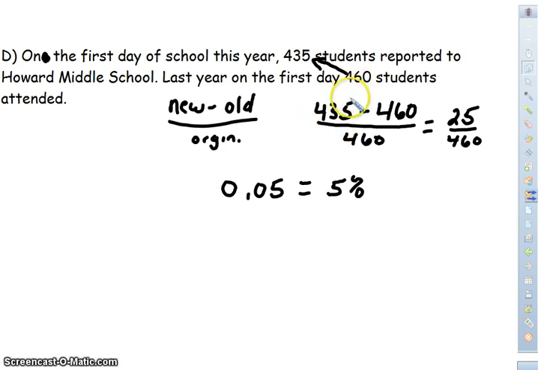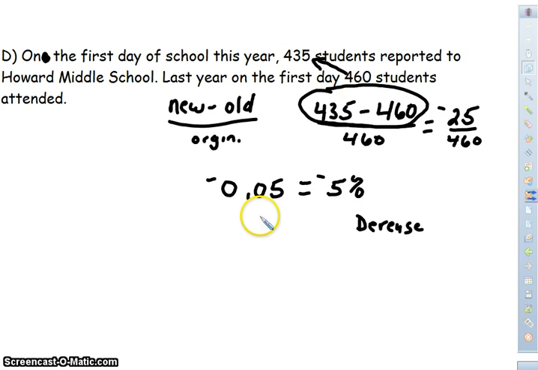So then you end up with an actual decrease. It is a decrease of students because this would actually be negative 25. My apologies. And this would be negative, and that would be negative as well. So do pay attention to that. That's going to help you in determining whether that's an increase or decrease.